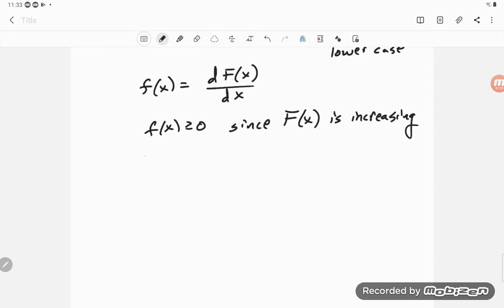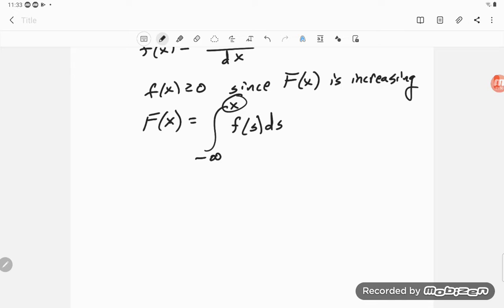Then our relationship, similar to our summations for discrete, an integral is really just a sum of things. F of x is the integral from minus infinity to x of little f of s ds. Now I've switched variables because we've got an x up there. And so what that also means is that the integral from minus infinity to infinity of f of x dx has to be 1.